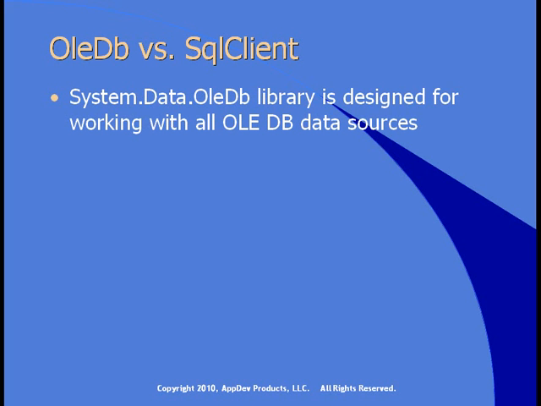The System.Data.OleDb library is designed for working with, as you guessed, OLEDB data sources. If you don't have a specific provider, you'll often use this one and the OLEDB provider to get at your data. This works with Jet data from Microsoft Access, Oracle data, and so on, though I doubt you'd use this with Oracle because you'd most likely use the specific Oracle provider and the Oracle namespace because you'll get better performance if you do.